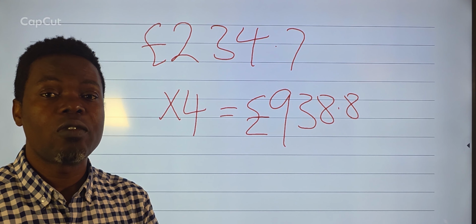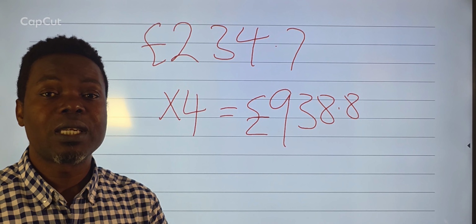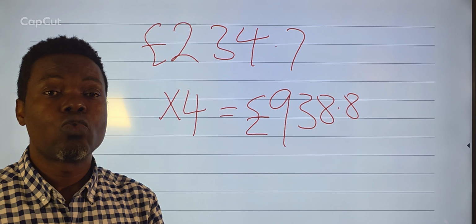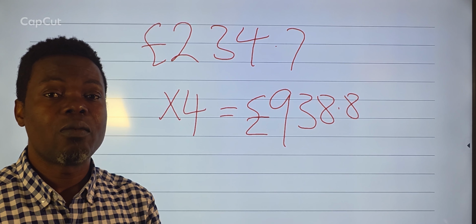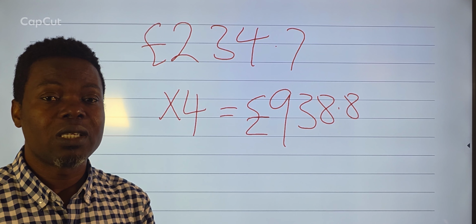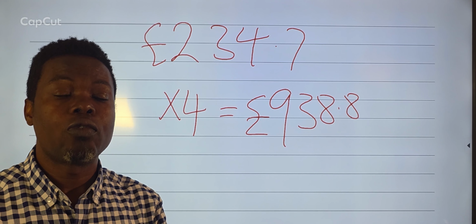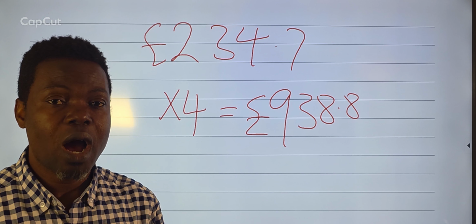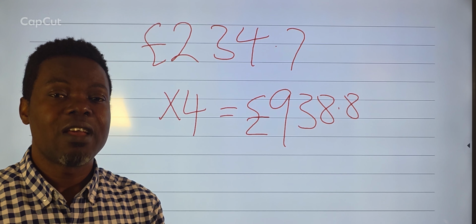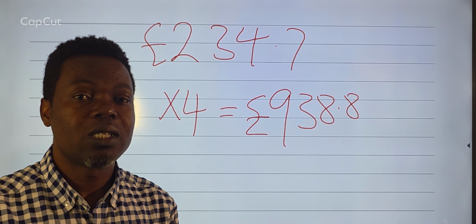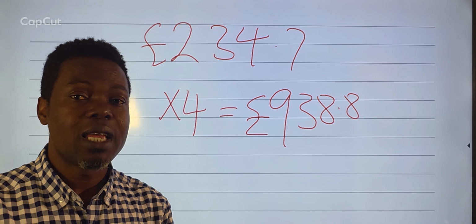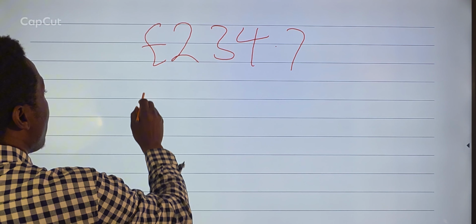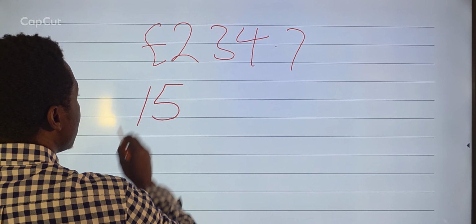Now, if your qualifying years is between 10 and 35 years, they will prorate this 234.7 pounds per week. They will prorate it and use the number of your qualifying years to multiply it. Then you will know how much you are going to be receiving every week. Let's quickly see some number between 10 years and 35 years. Let's assume you have contributed for 15 years.